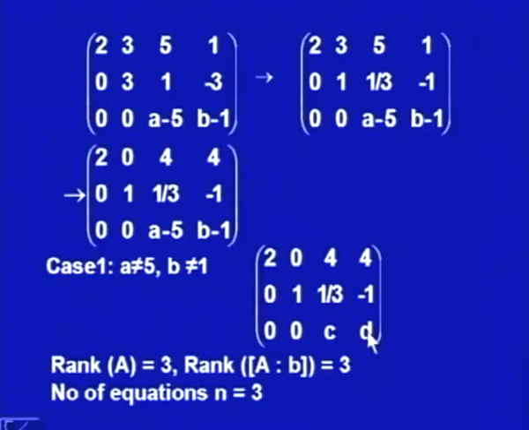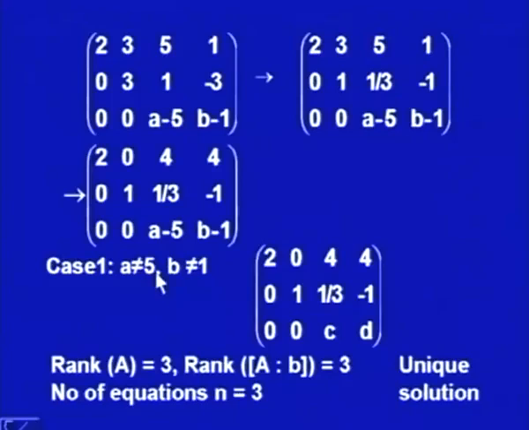So whether it is 0 or not, this rank will be 3. So rank of A is equal to rank of the augmented matrix. The number of equations is 3. So this is a consistent system, and it also has a unique solution, because rank A is equal to rank of AB, which is equal to the number of equations. So this system will have a unique solution.